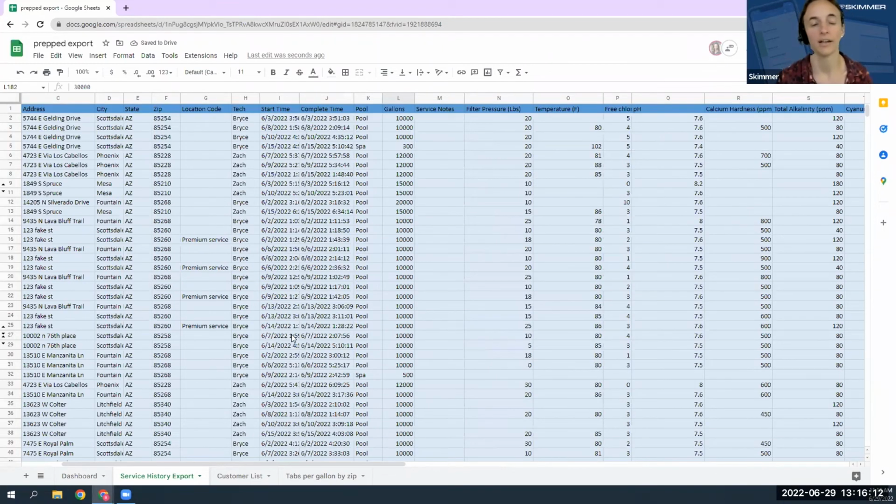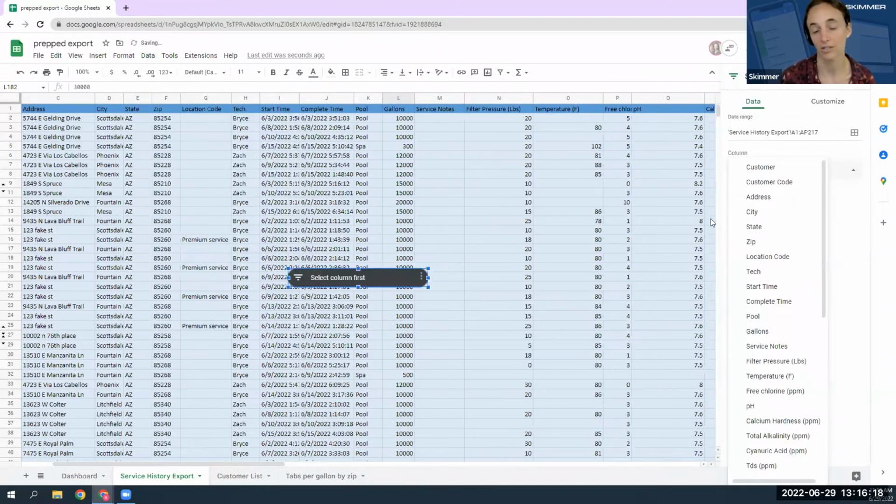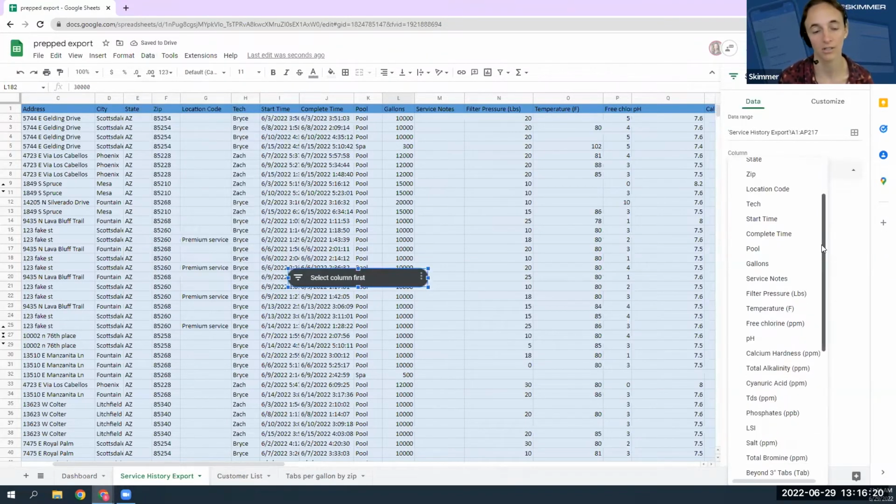And of course, every region is different, every geography is different, every pool is different. So you may have different ranges that you want to manage towards.